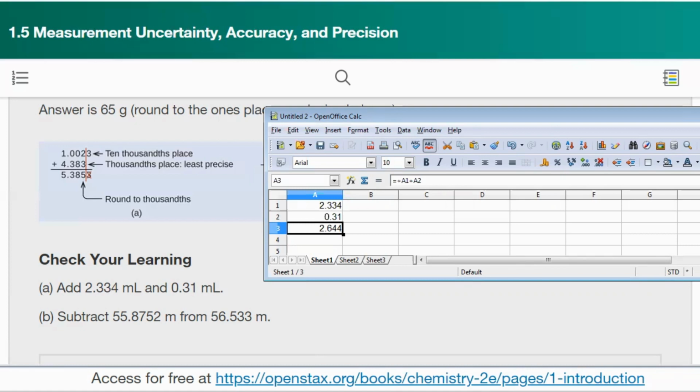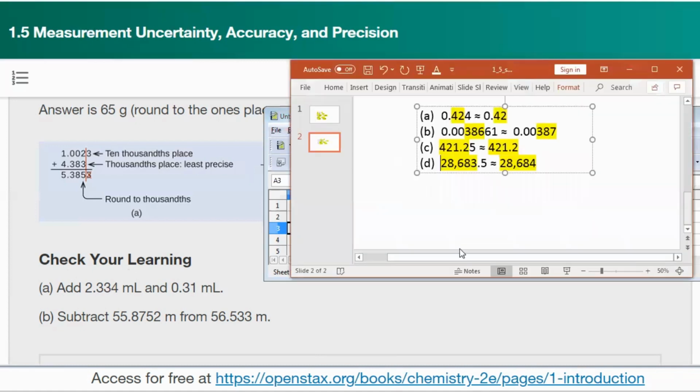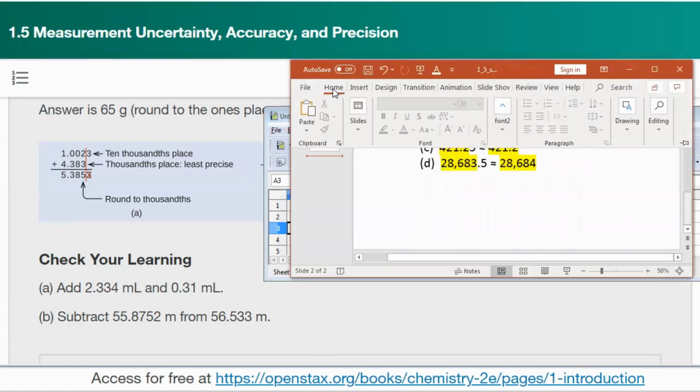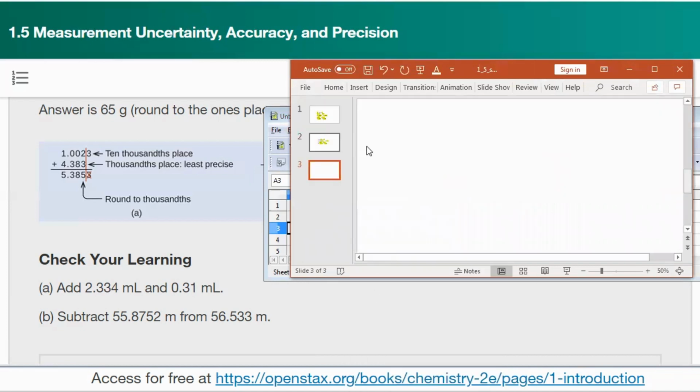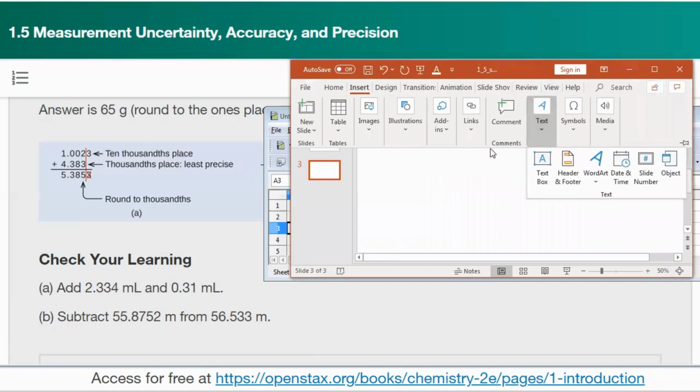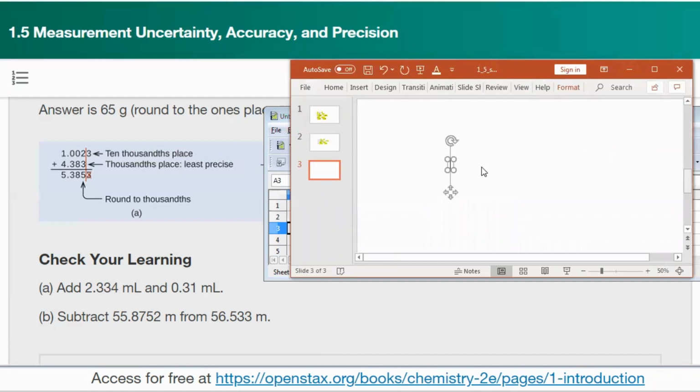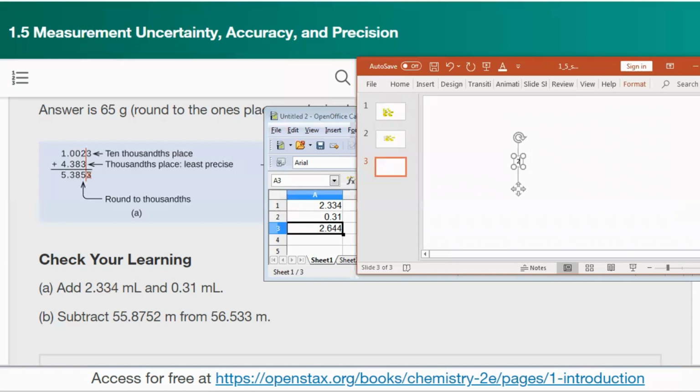So let's round to 2 decimal places. What number did I get? 2.644. Let me make the font bigger.